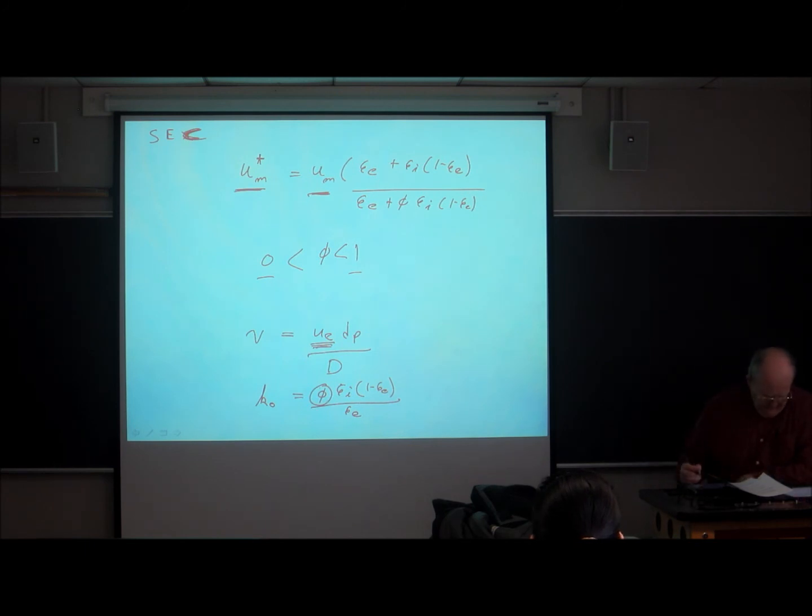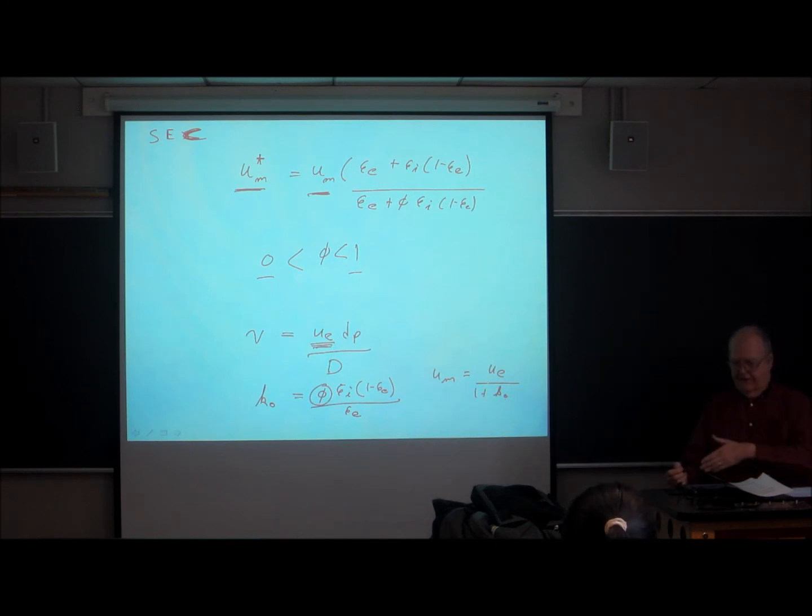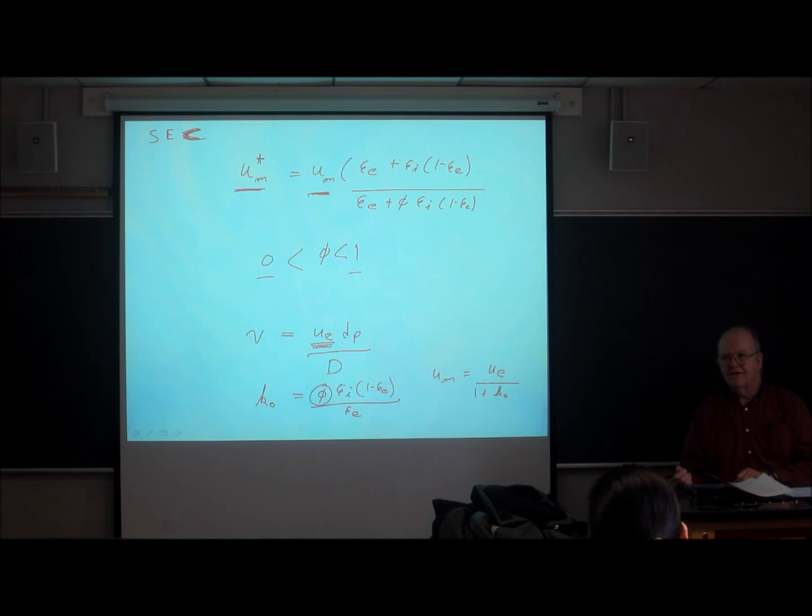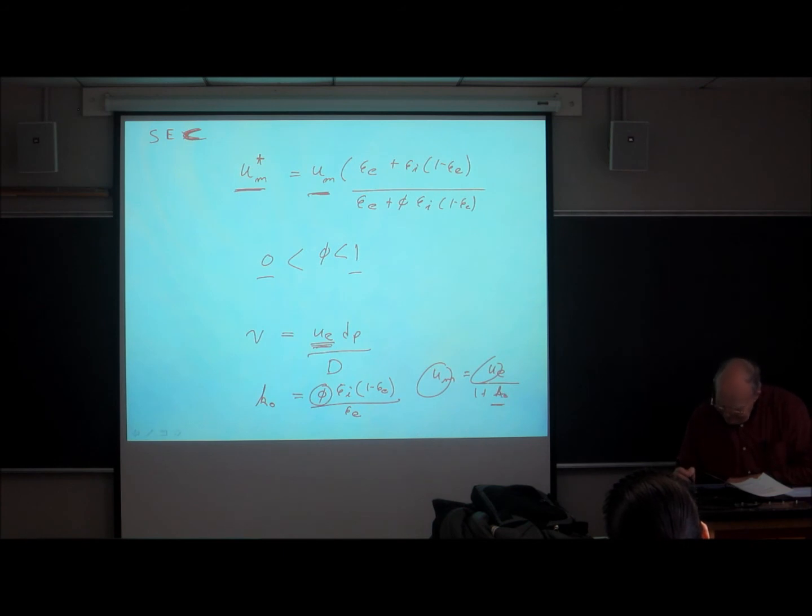And we can relate the use of m of that size molecule to the interstitial velocity divided by 1 plus k naught. And you see it's playing the role of a retention-like factor because of the relationship between this and this through the k naught in the denominator there.